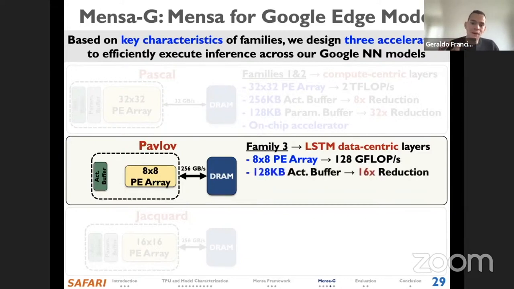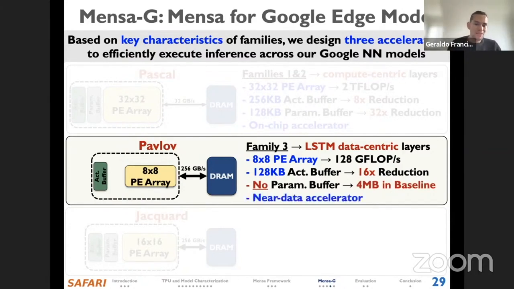Due to the small activation footprint of layers in family 3, we use a 128 kilobyte buffer for parameters, while our dataflow design for Pavlov allows us to completely eliminate the parameter buffer and stream parameters directly from the RAM.